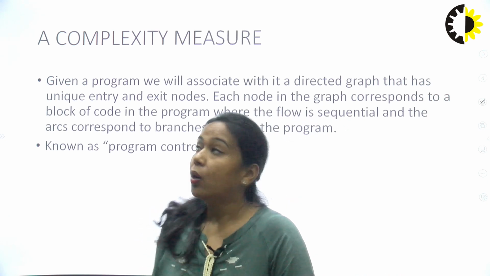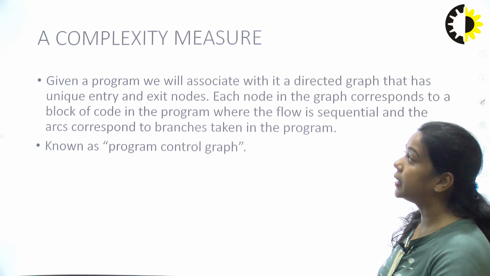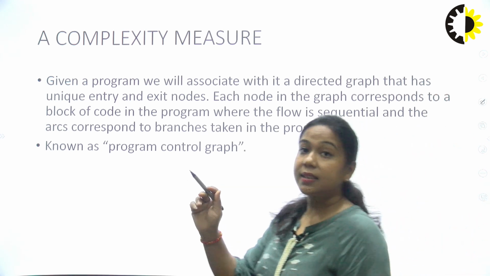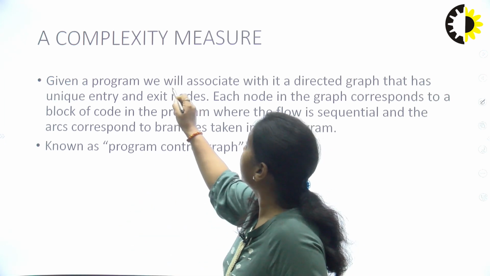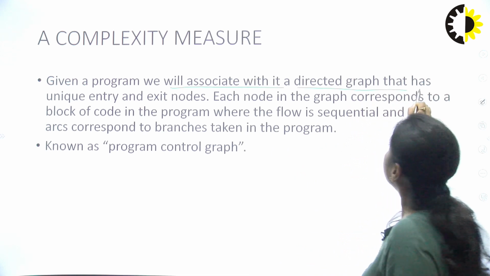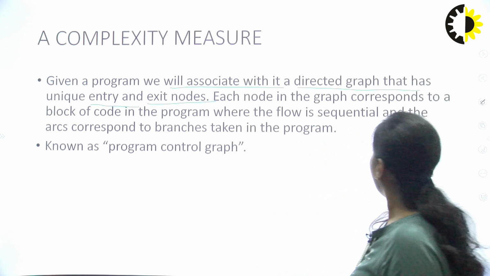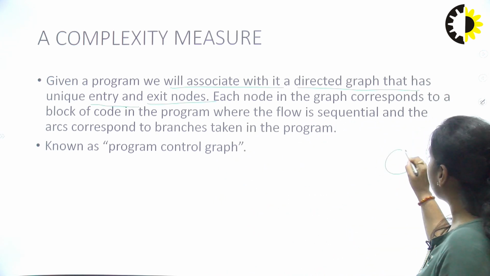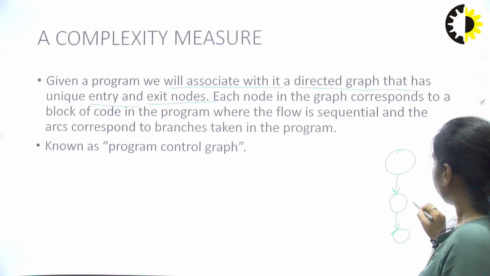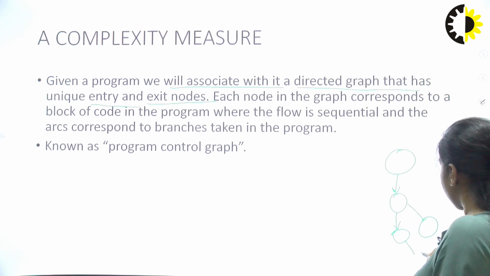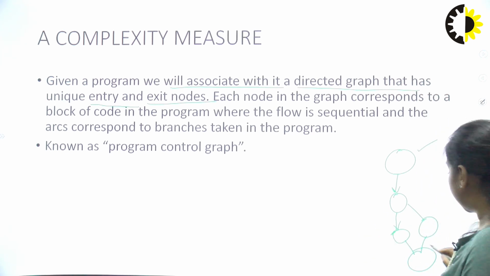Given a program, we associate it with a directed graph that has a unique entry node and a unique exit node. That means we convert a single program into a graph with a unique entry and a unique exit.